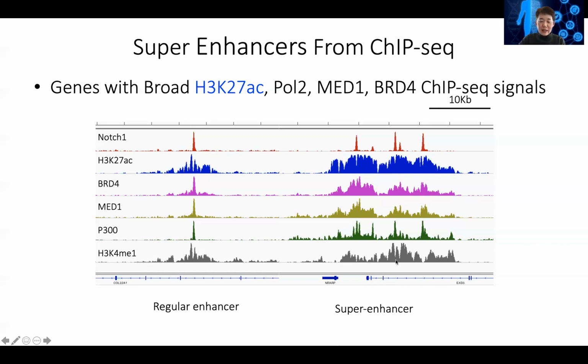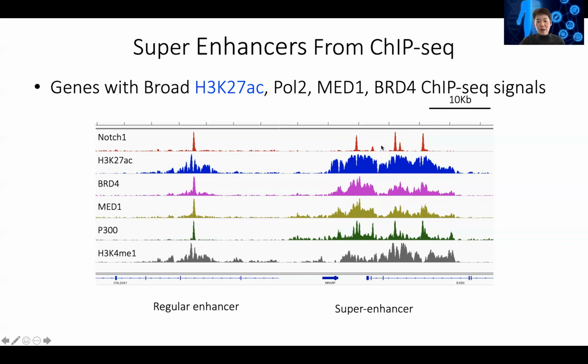But interestingly, there are also regions in the genome which have not only strong binding, their K27 acetylation signals are much, much stronger, not only in terms of height, but also in terms of the width of the peaks, very broad and high peaks.